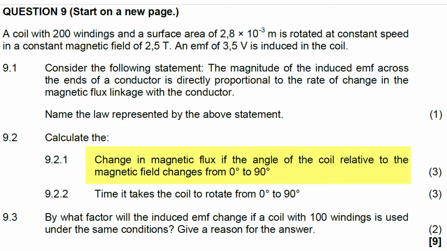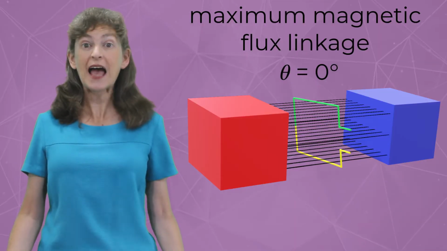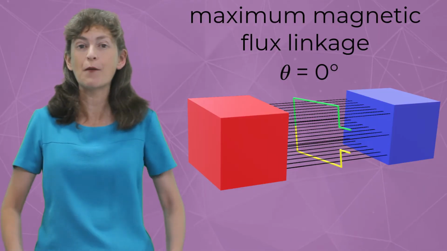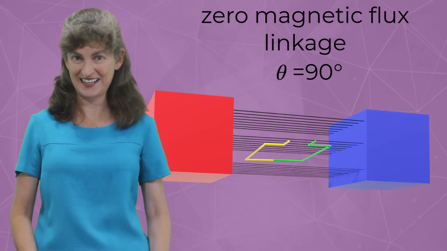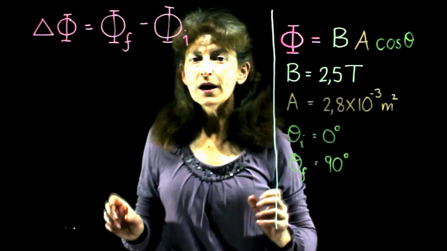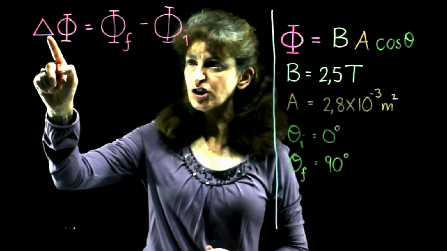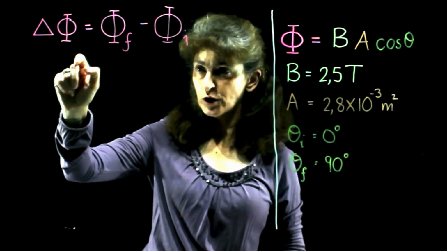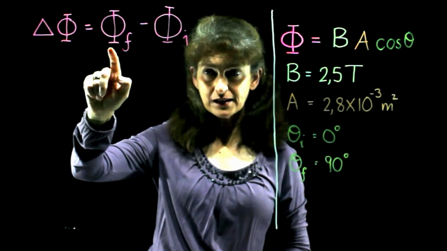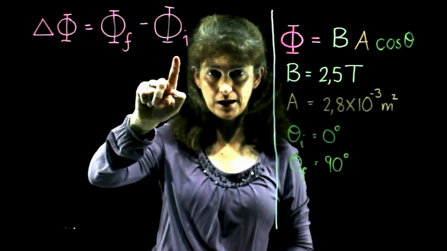We need to calculate the change in magnetic flux if the coil rotates from 0 to 90 degrees. We know that that means that the flux changes from maximum to 0, so there's a decrease in flux. So the change in magnetic flux will be negative. We're asked to find out the change in magnetic flux of this coil, which means the final magnetic flux minus the initial magnetic flux.